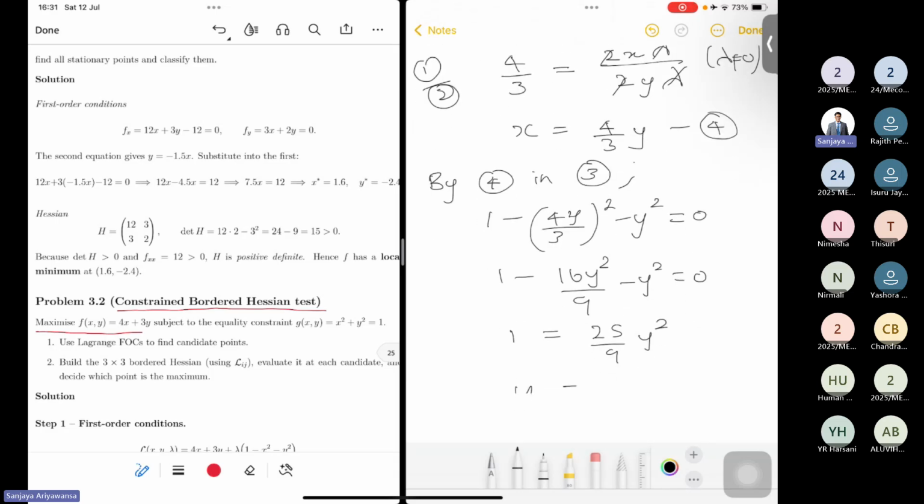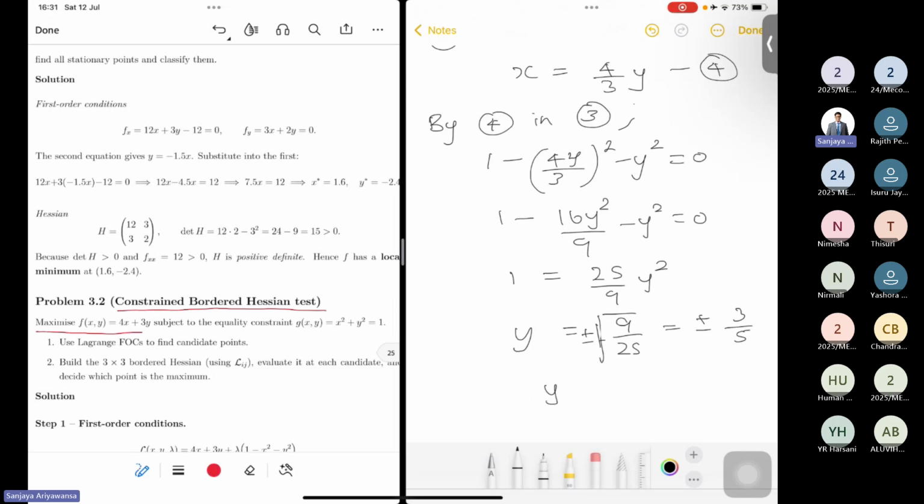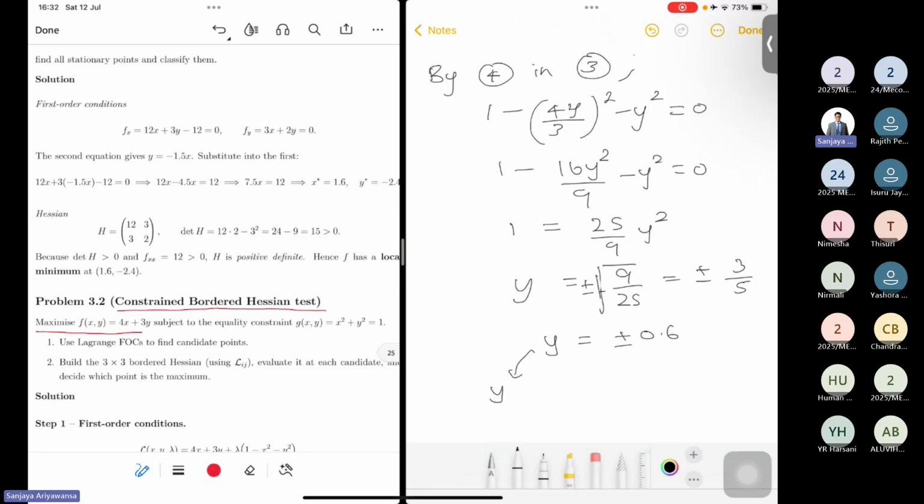So y is the square root of 9 over 25, plus or minus 3 over 5. So y equals plus or minus 0.6. What this means is y can be either plus 0.6 or minus 0.6.